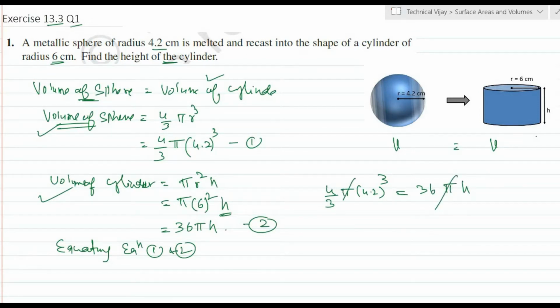Now this pi and this pi get cancelled. 4 1s are 4, 4 9s are 36. So 4.2 whole cube is equal to 9 3s are 27 h.